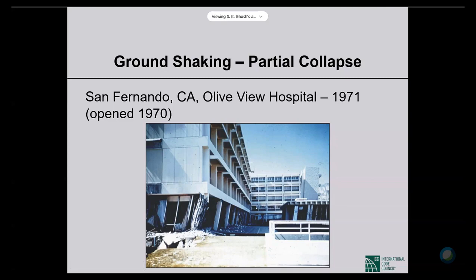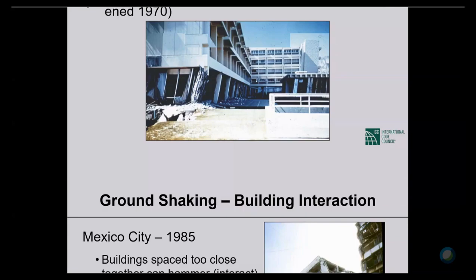Plenty of longitudinal reinforcement, hardly any transverse reinforcement. Ties at 14 inches or so, no cross ties, no 135-degree hooks, no ties in the joints. This building is standing only because there were a couple of spirally reinforced columns with very tight pitched transverse reinforcement. Those columns stood up so the building didn't fall to the ground. So it's quite an experience.